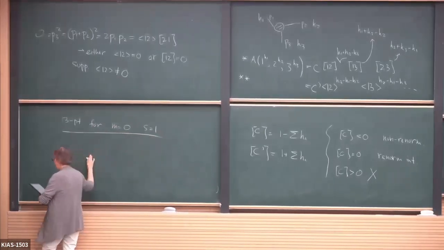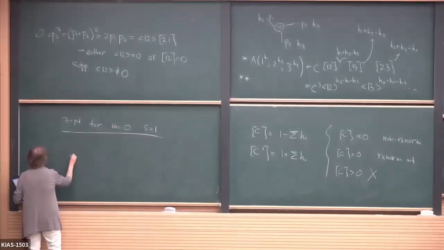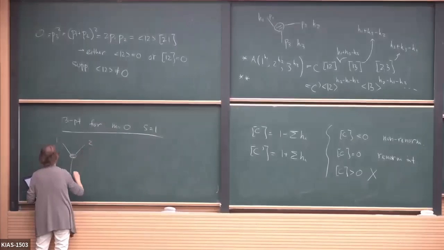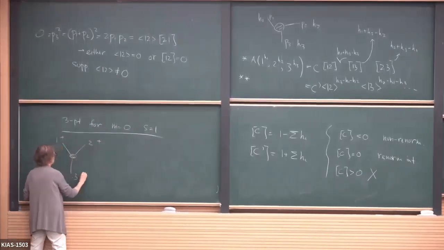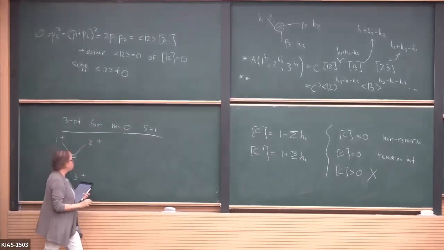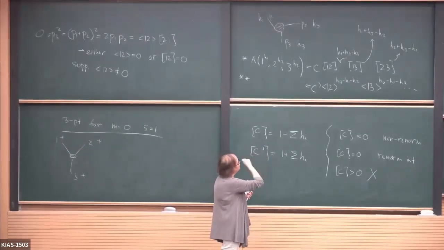And of course, it depends on the helicities. So here again is the 3-point, and we have 1, 2, 3, but now they're all spin 1s. And now let's imagine that they have the same helicity. So this is plus, and this is plus. So we can read off all the h's are 1 in this case.